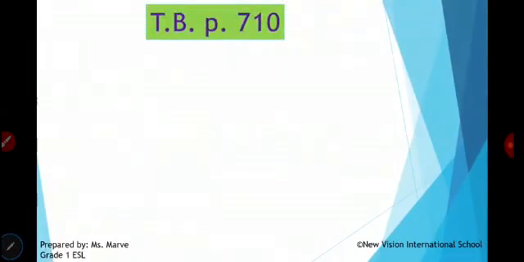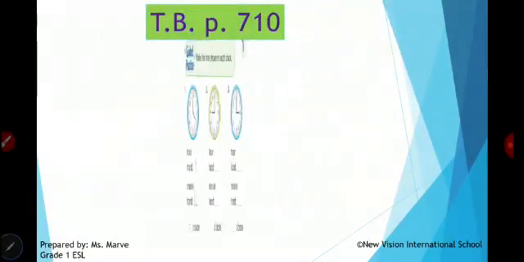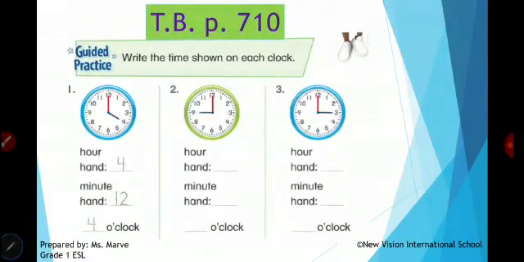Let's move on to page 710. Here we are going to write the time shown on each clock. We are going to ask ourselves. Again, remember that shorthand means hour hand.